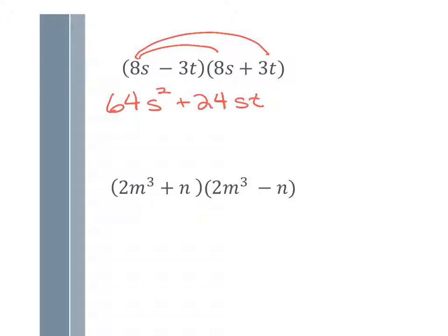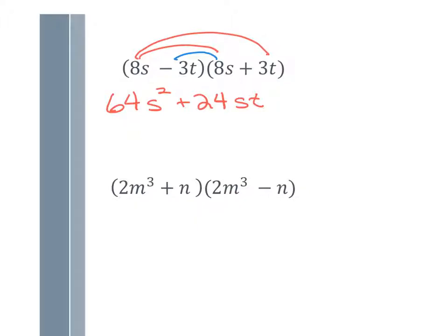So notice I put it ST, because watch what happens now when I distribute the negative 3t to the 8s. You might think, I'm going to write it as 24ts, but then you might not realize that these two are like terms. So when I go to write my answer, I'm going to write it again in alphabetical order.